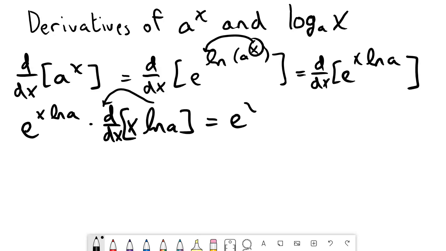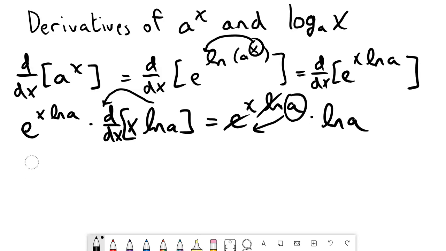In other words, e to the x natural log of a times 1 times natural log of a. Can I simplify this any further? In fact, I can. The e and the natural log cancel, but the x still stays there, so it's equal to a to the x, times the natural log of a, and that's the result.